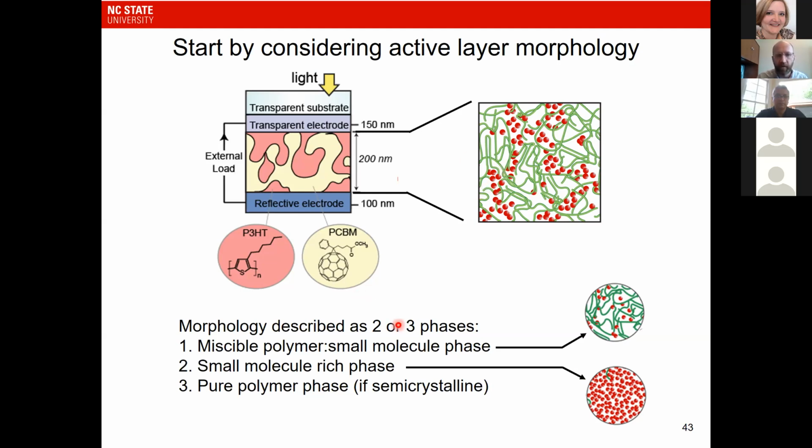And it forms sort of 2 or 3 phases. One is a miscible polymer small molecule phase where they are kind of mixed together. Then, depending on the amount of small molecules, you have a small molecule rich phase. And then you could potentially have a pure polymer phase if it's semicrystalline, which most of these aren't. So you generally have these 2 phases.